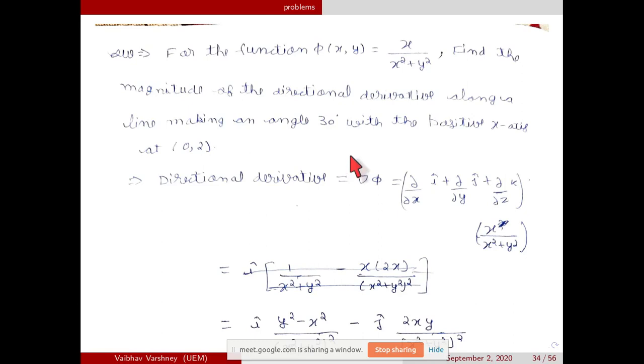But the second question is, we have to calculate the directional derivative along a line making an angle of 30 degrees with the positive x-axis at this point (0, 2). So what will we do after calculating the gradient of phi? Can anyone tell me? Any idea?